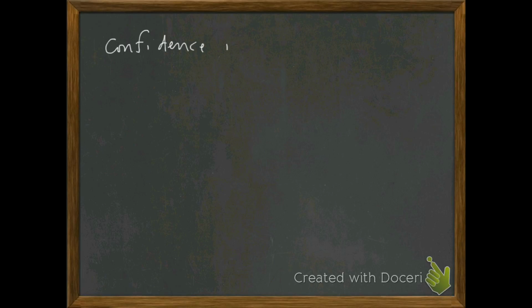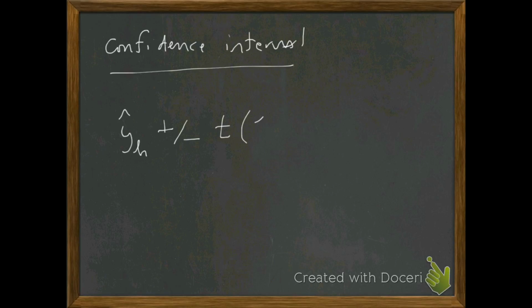I want a confidence interval, of course, is going to be the predicted value times the standard error.